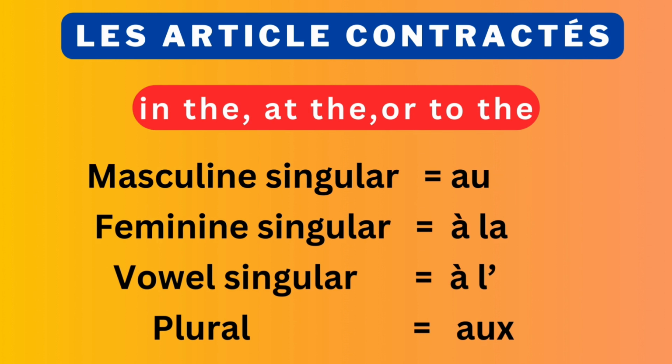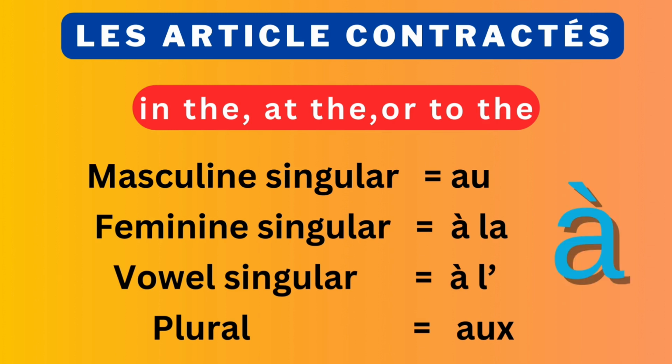For feminine singular, it's à la. For vowel singular, it's à l' apostrophe. For plural, it's aux. I hope you understand the preposition à now.